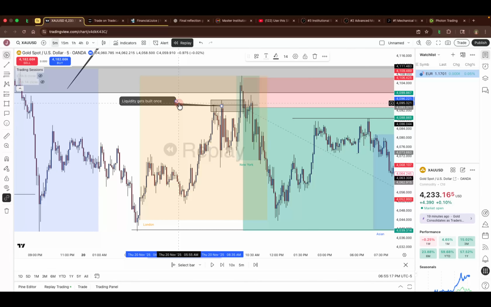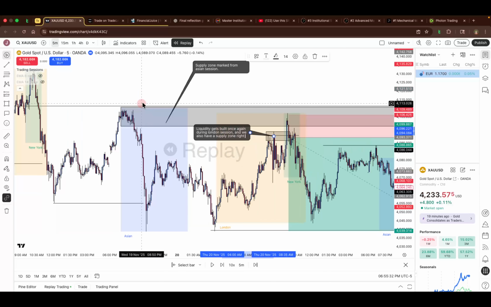Liquidity gets built once again during London session. And we also have a supply zone right above us that hasn't been fresh. This supply zone hasn't been mitigated, hasn't been touched. It's a fresh zone.